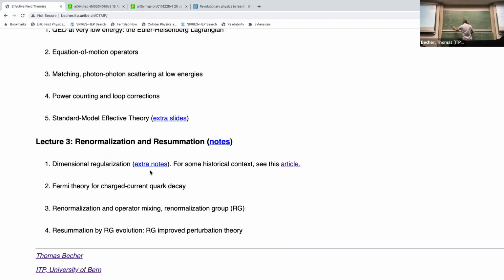These diagrams I have to compute twice, once with the operator O1 and once with the operator O2. And again, plus the mirrors.